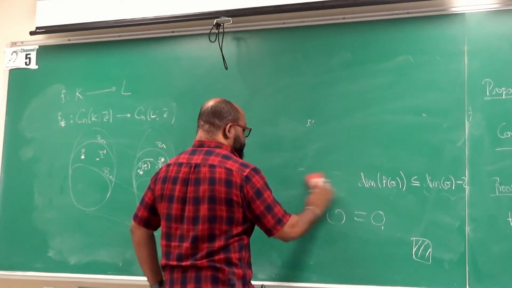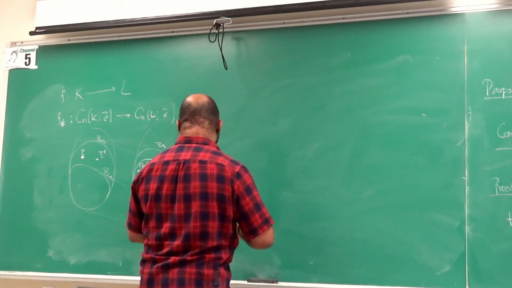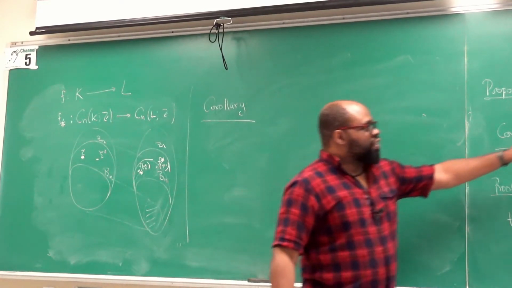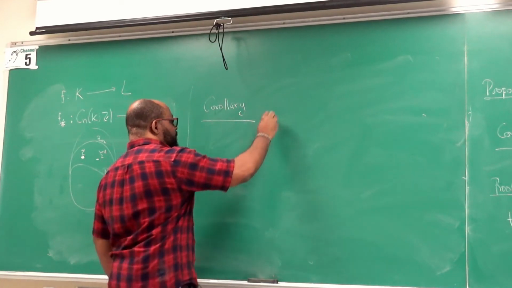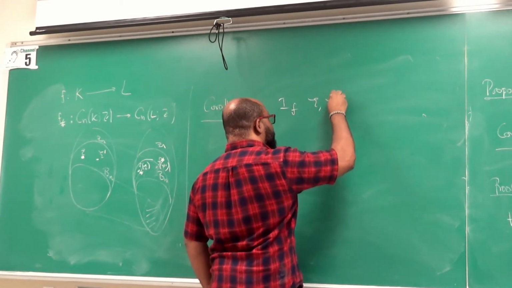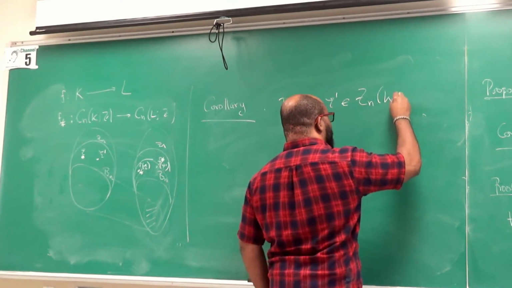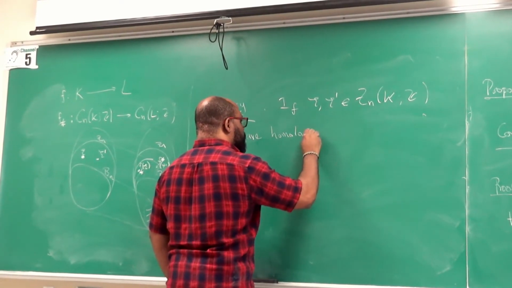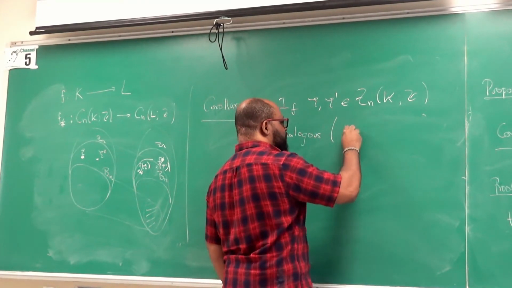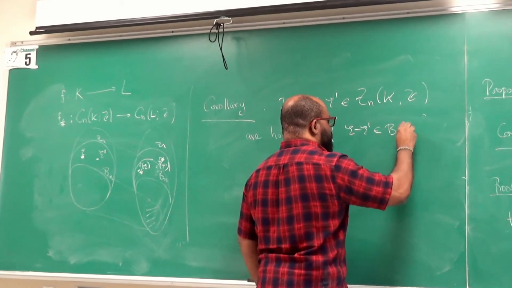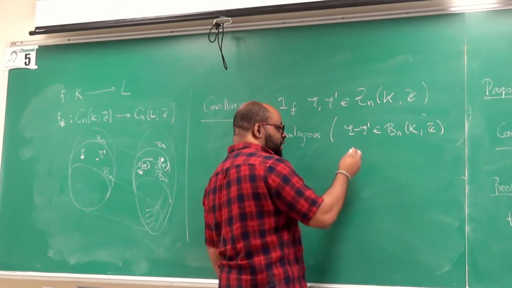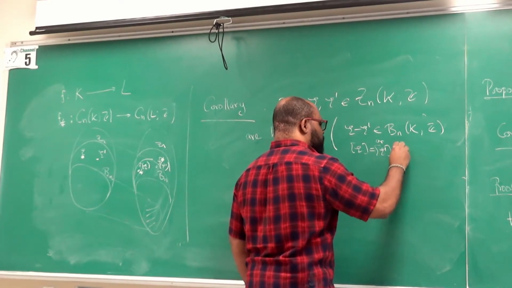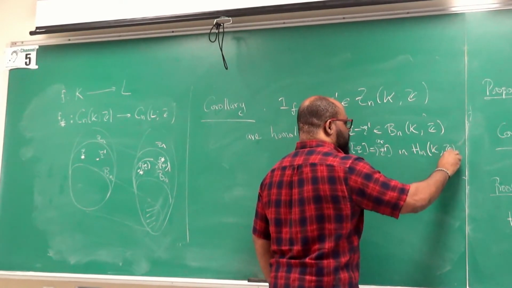Okay, so the second consequence of this is that if zeta and zeta prime in Z_n(K) are homologous, that means, just to remind ourselves, that the difference is a boundary, or equivalently, the homology classes are the same in here.